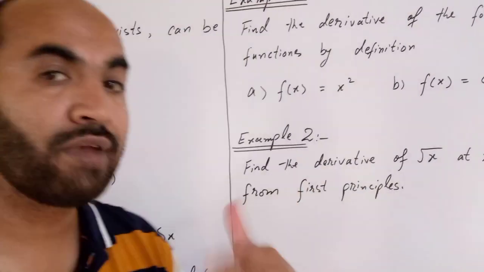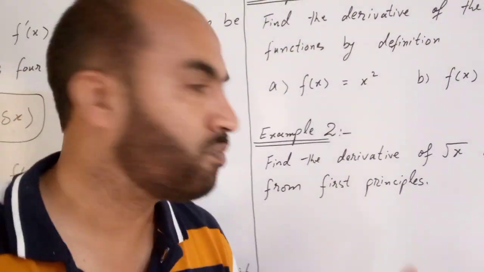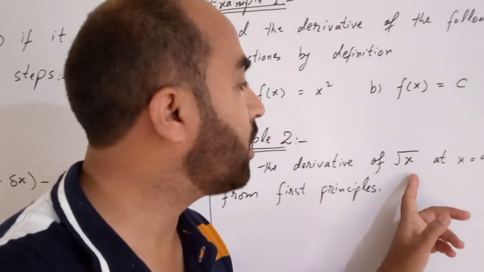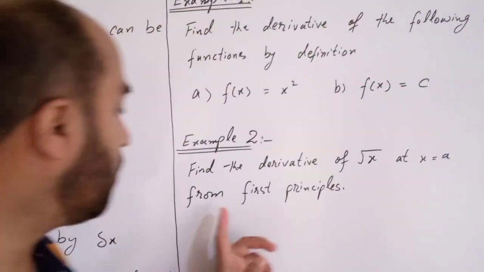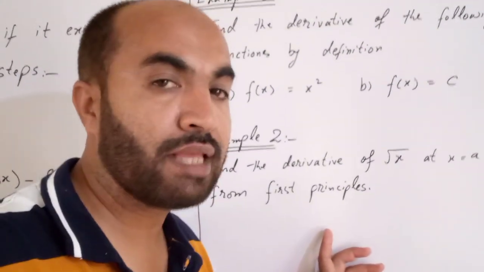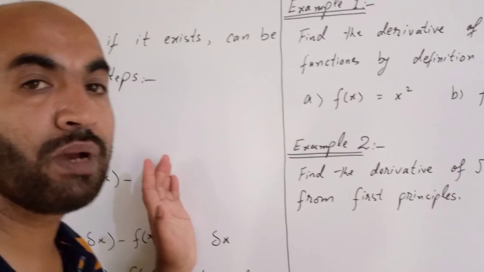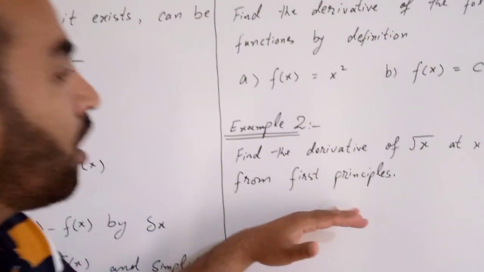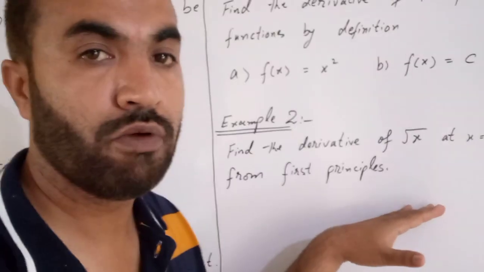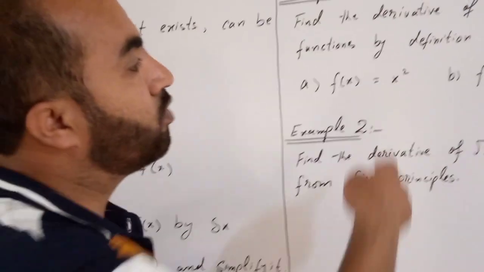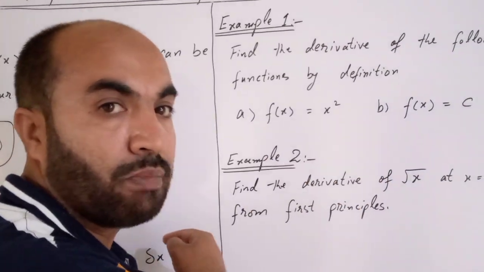If you have the same question in a different way, like find the derivative of square root x at x equals a from first principles, you must remember that first principle is the ab initio method or the definition method. So you also solve this question with the same method. Now we will move on to solve these questions by this method.